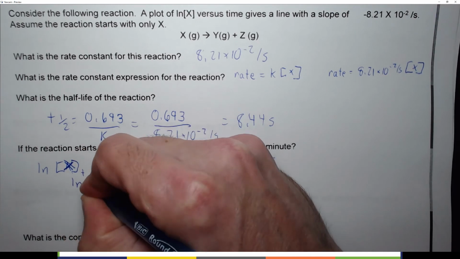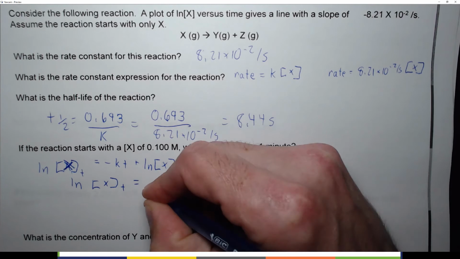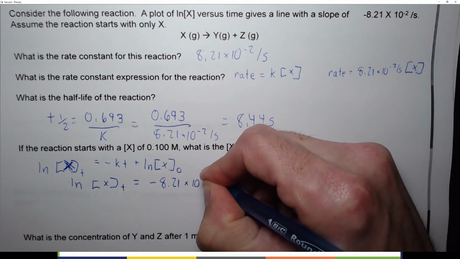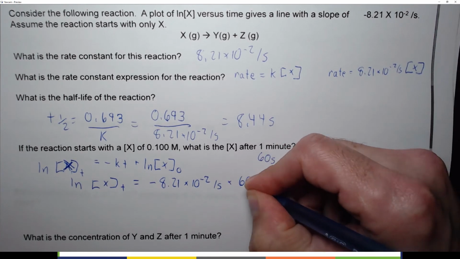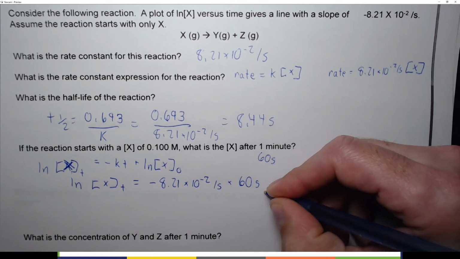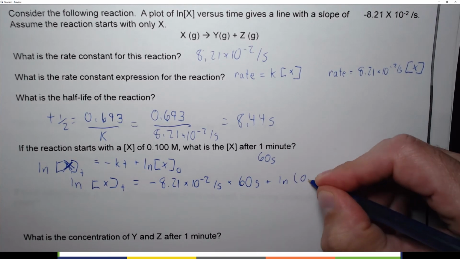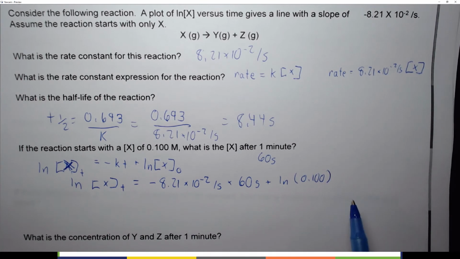The ln of the concentration of X at some time is equal to negative k, 8.21 times 10 to the minus 2 per second, times t, which is 60 seconds, plus the ln of the initial concentration, which is 0.100, and I'm going to leave the molar off there.